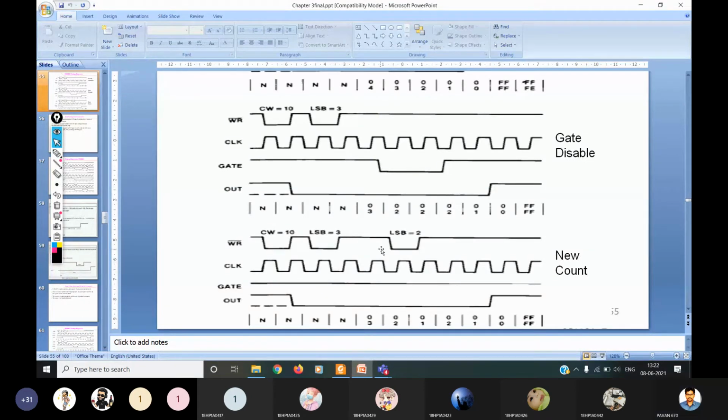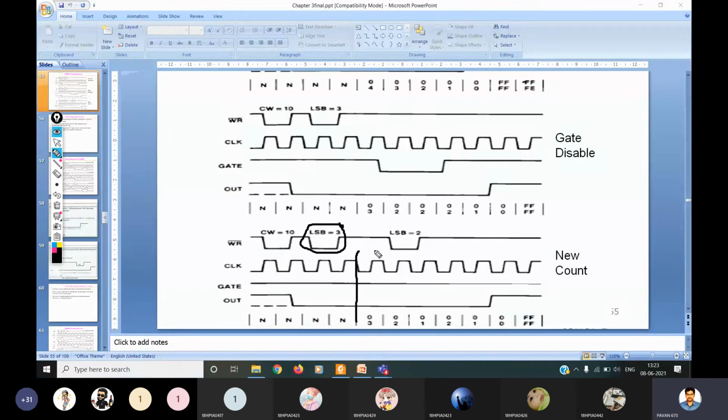Coming to the new count value, in this case for mode 0, the count value is getting loaded before the completion of the present value. Initially, like in the previous case, a new value 3 is loaded. Based on this condition, the output signal is initially low, and after the next clock cycle, during this negative edge of reference, the counting started.